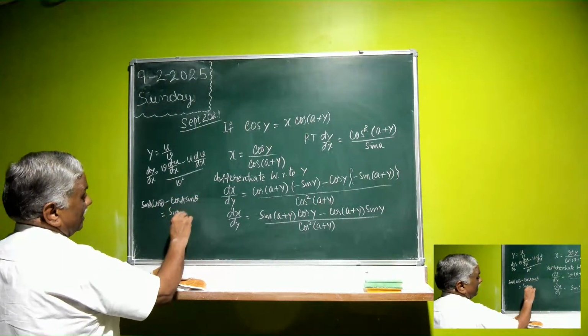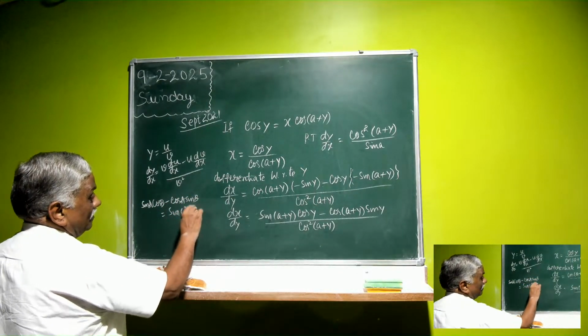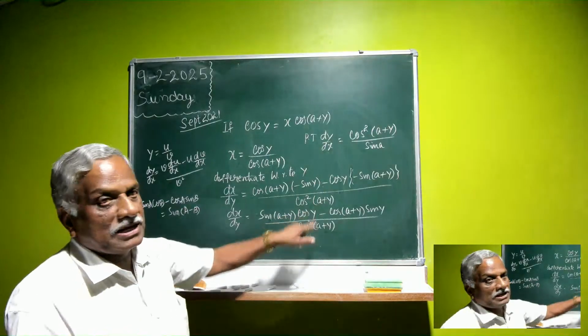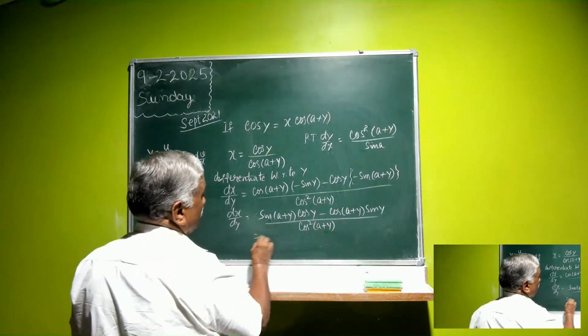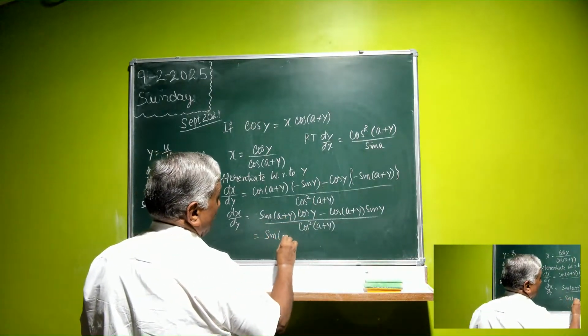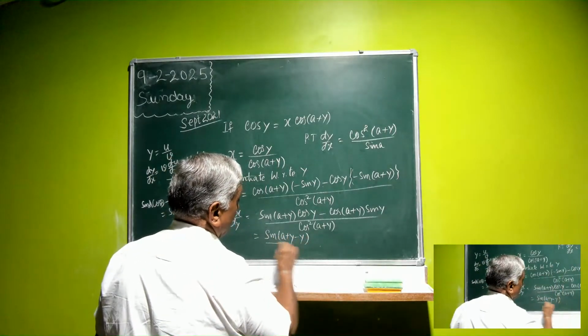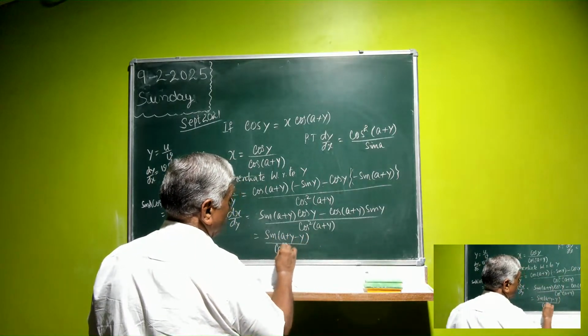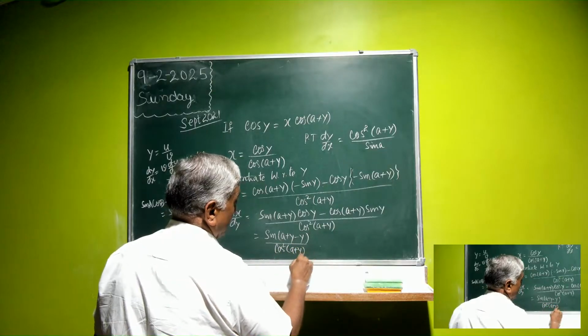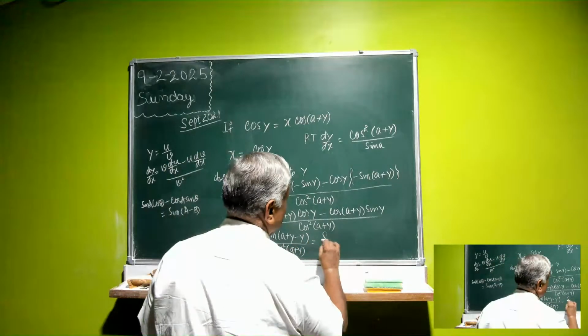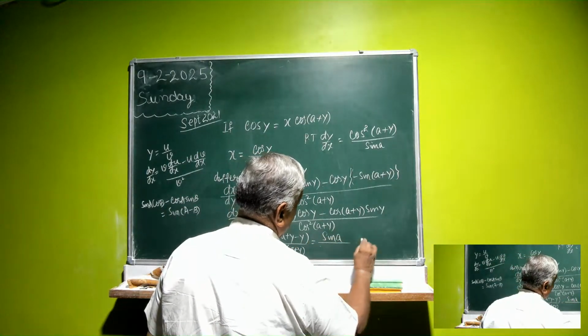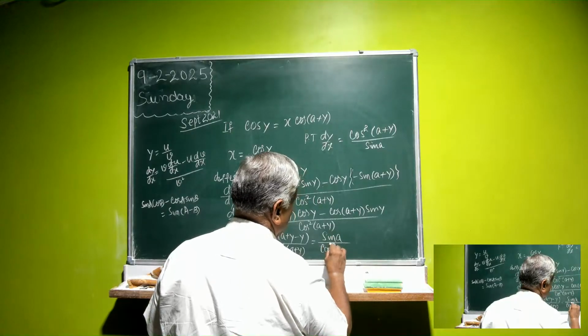That is nothing but sin of a minus b, where a is a plus y, b is y. So this is nothing but sin of a minus b divided by cos square a plus y. That is sin a over cos square a plus y.